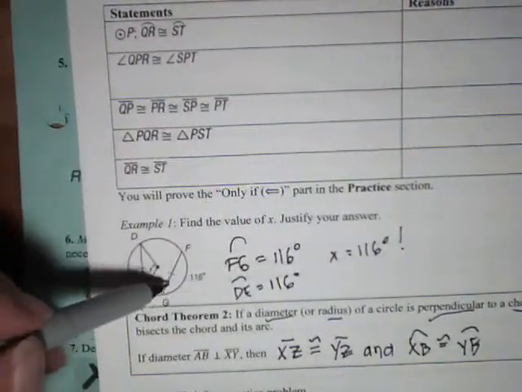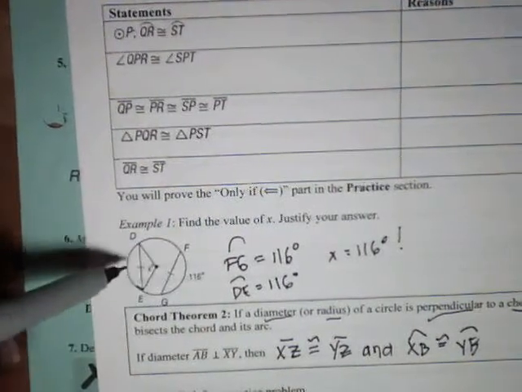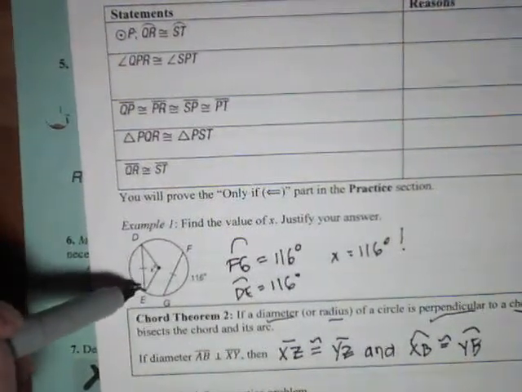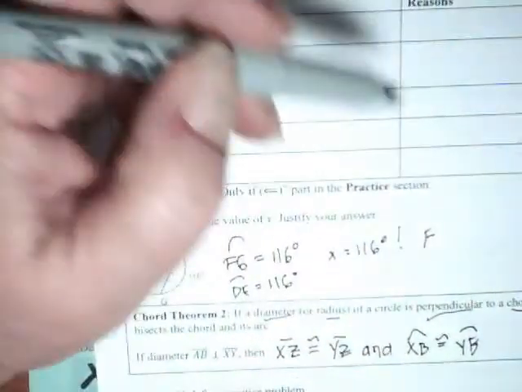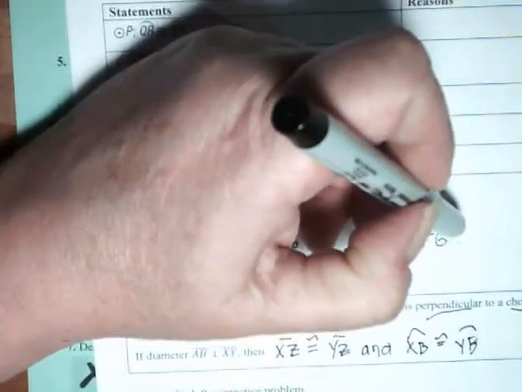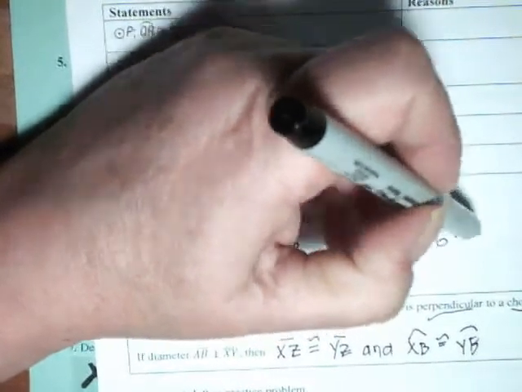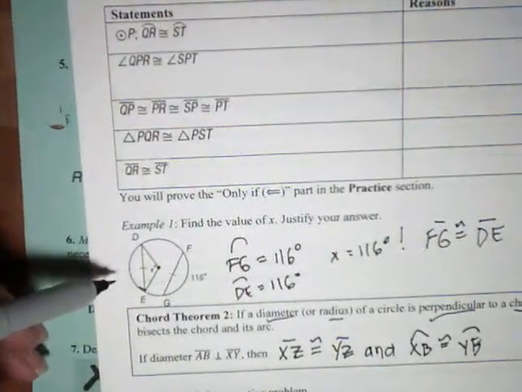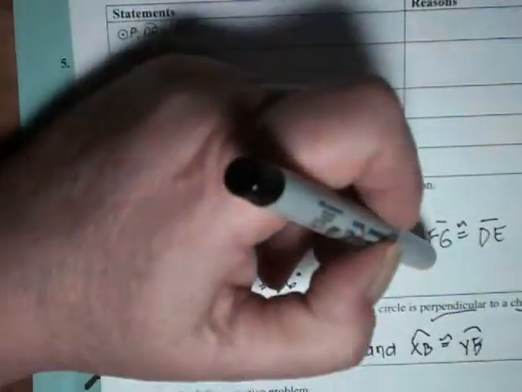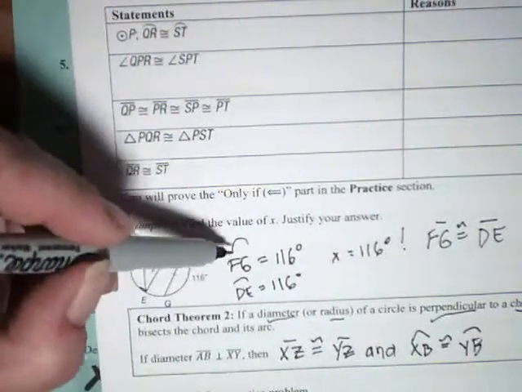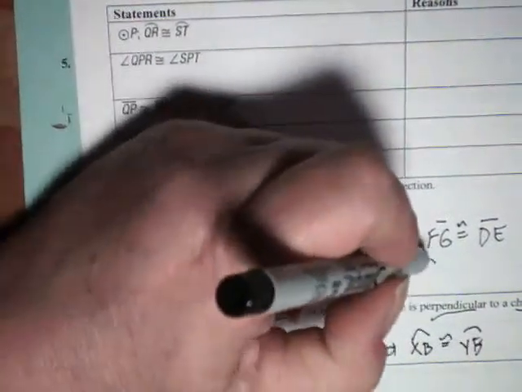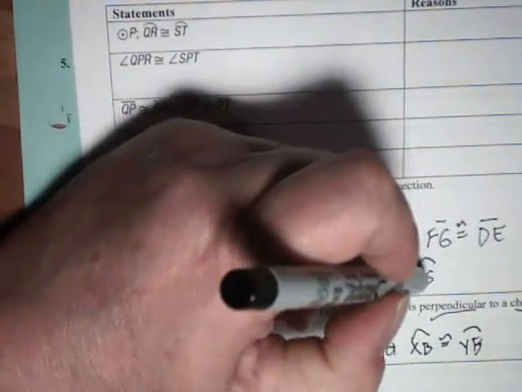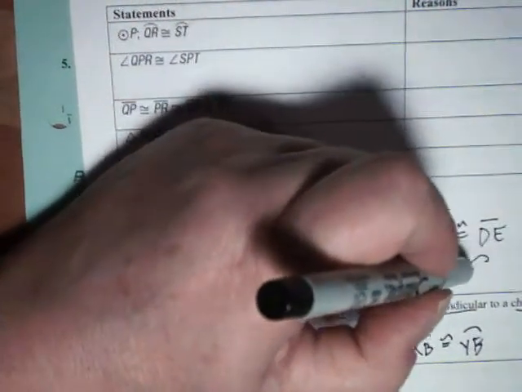All right, so we can see that FG and DE are congruent. And I'm going to do part of the justification here. FG is congruent to DE. So that makes arc FG congruent to arc DE.